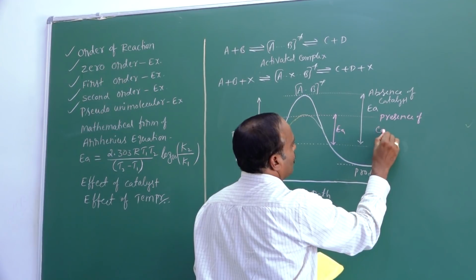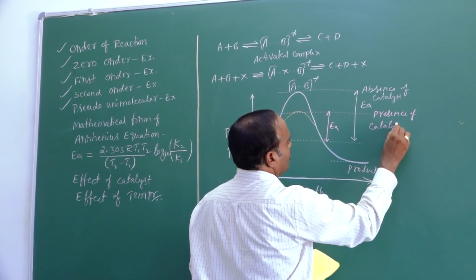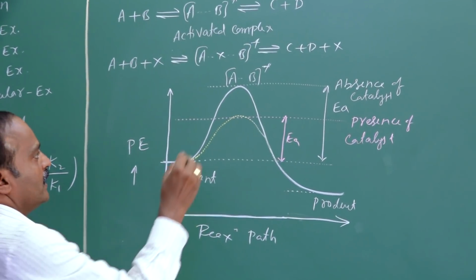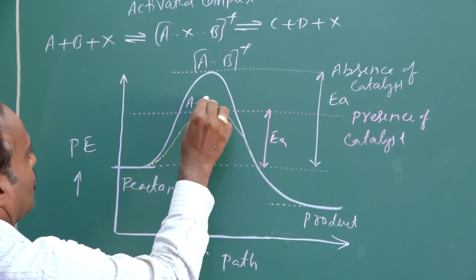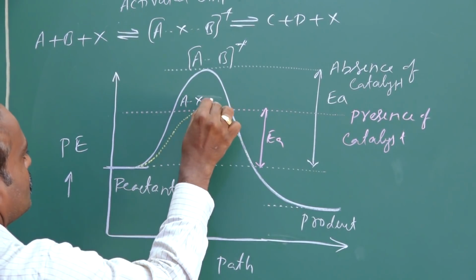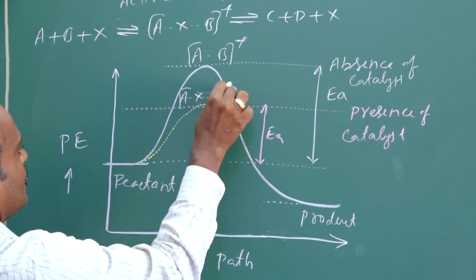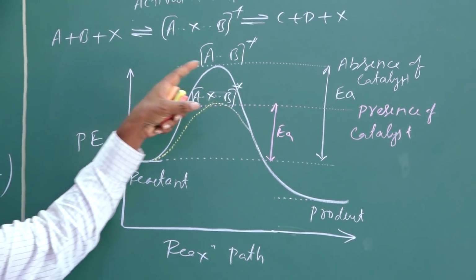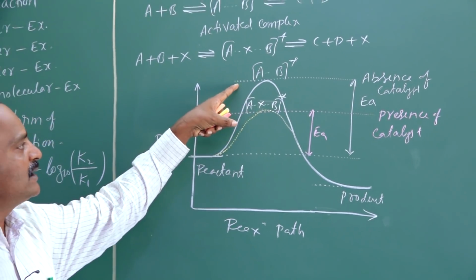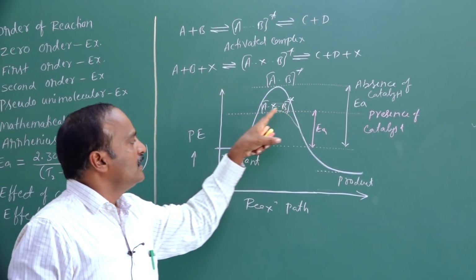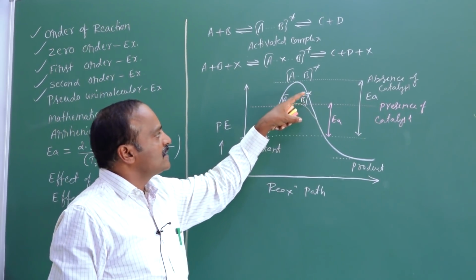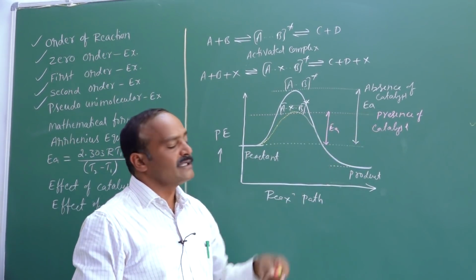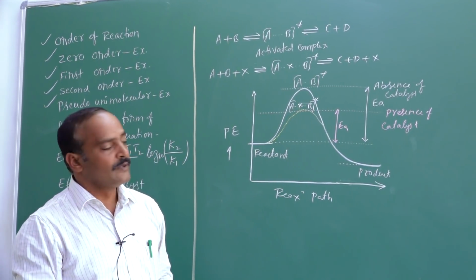In the presence of catalyst, it is A dot dot X dot dot B star. A dot dot B star is the activated complex in the absence of catalyst, and A dot dot X dot dot B star is the activated complex in the presence of a positive catalyst.